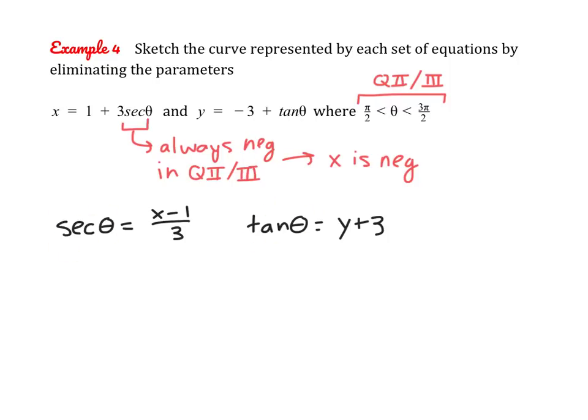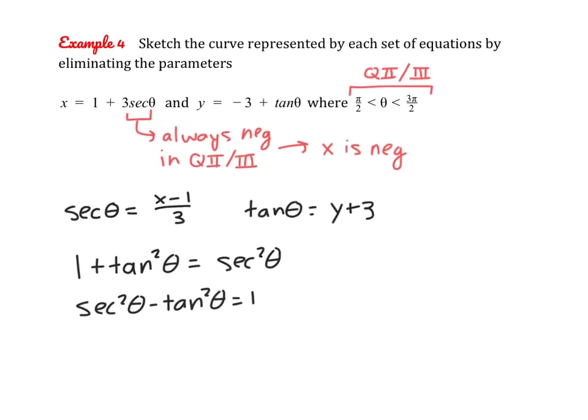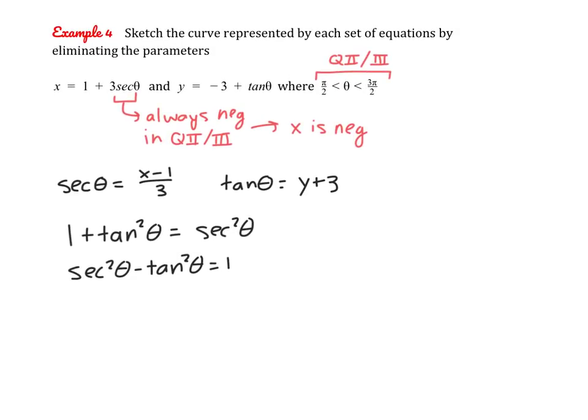And there is. We know that 1 plus tangent squared theta equals secant squared theta. And I'm going to rewrite that to say secant squared theta minus tangent squared theta equals 1, just because I'm anticipating maybe having some type of conic section, and I know that the standard form will always have our equation equal to 1.